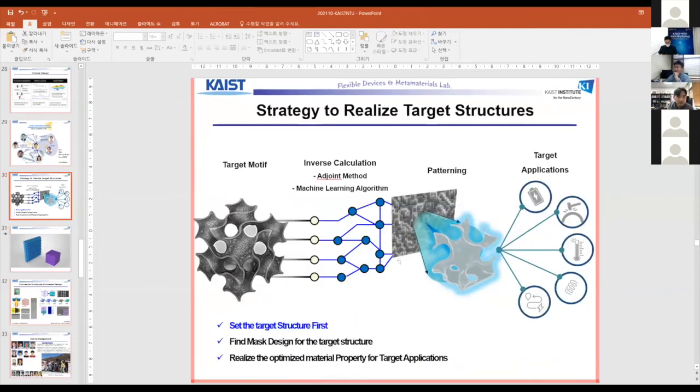Yeah, exactly. Today I showed just the auto-join method, but we are also working on a machine learning algorithm with Professor Jun-Seok Roh at the postdoc. He developed a new machine learning algorithm. I never thought mask design could be helped by machine learning, but because he's a metasurface specialist, he found a certain solution, and his algorithm is amazing.